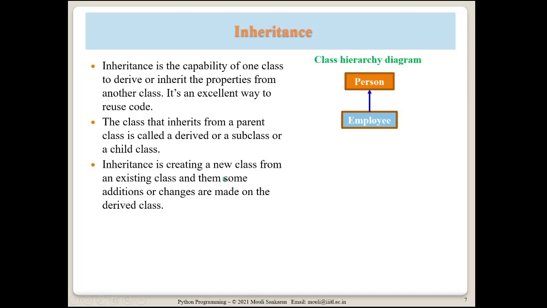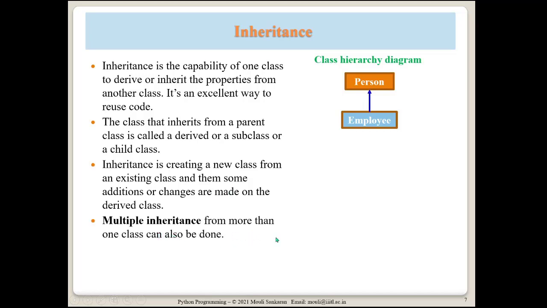Now inheritance is creating a new class. Again, remember that in Python everything is an object, so it is going to create a new object, and it is going to take a parameter which is the parent object. So inheritance is creating a new class from an existing class, and then some additions or changes are made on the derived class.